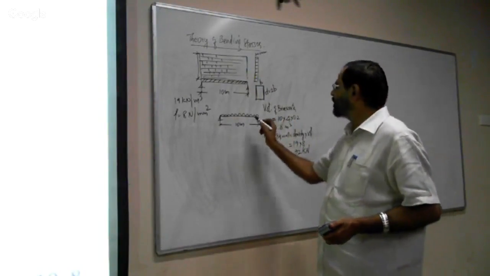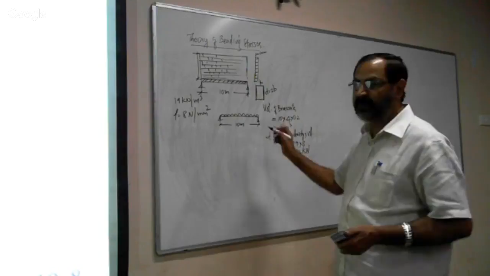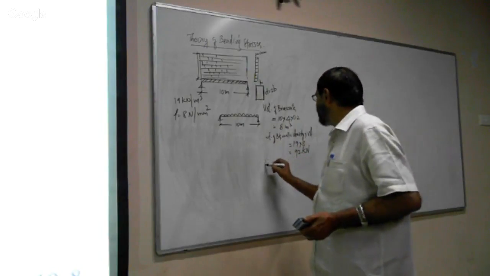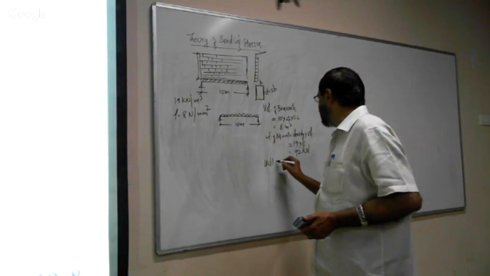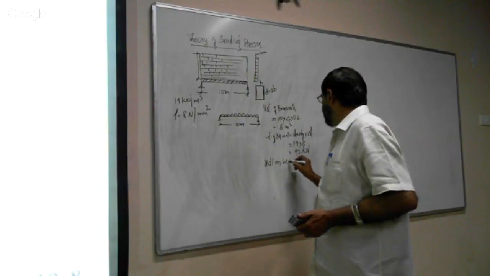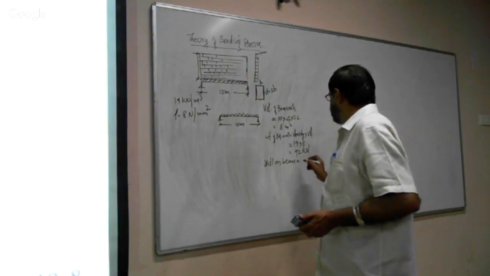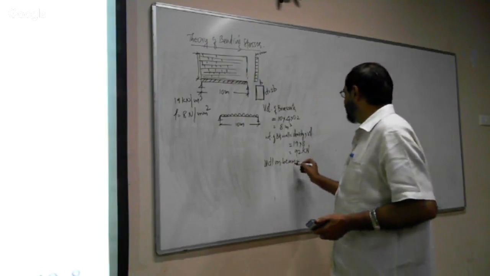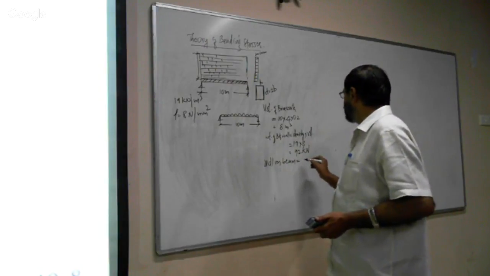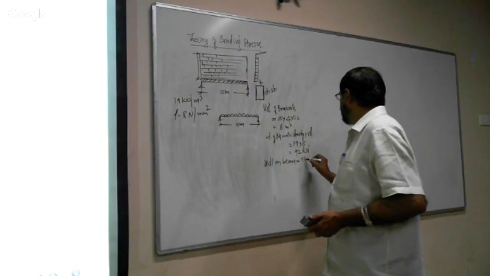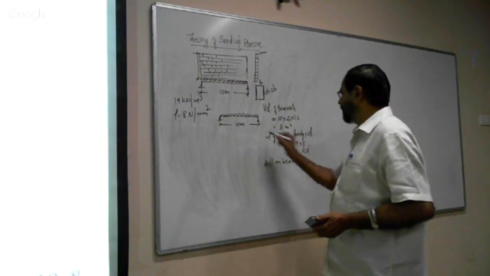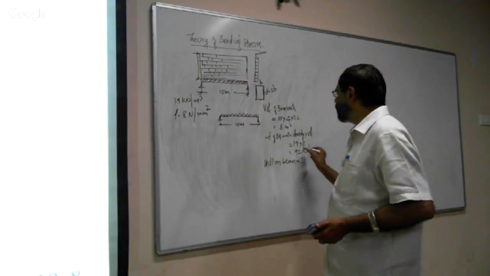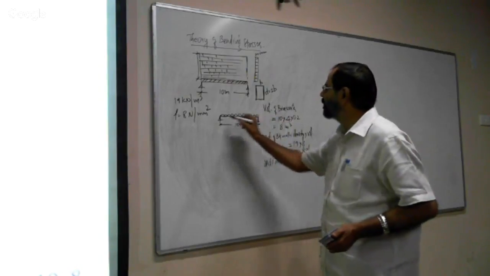Now, to convert this into UDL: UDL on timber joist, timber beam, is equal to 92 divided by 10 meter. The entire load, this 92 kilonewton, is acting over the 10 meter.